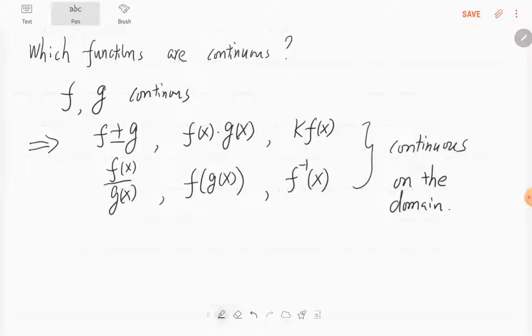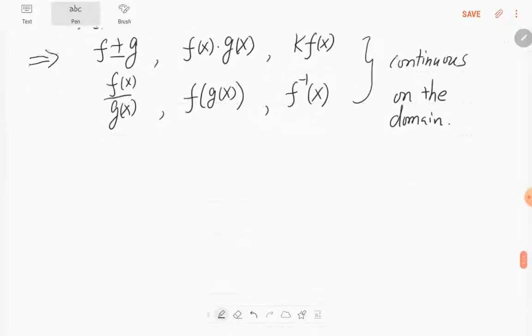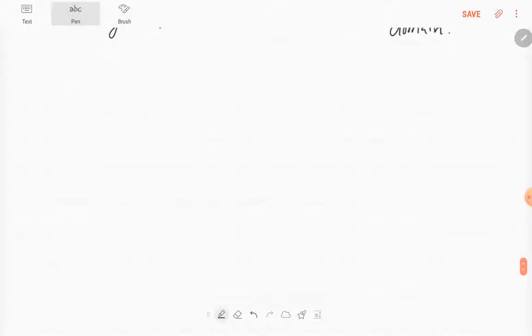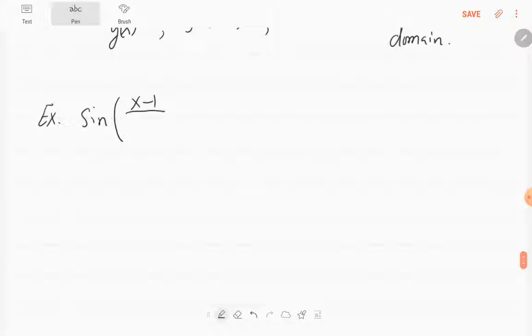So here you will see this example. For example, sine of the square root of x minus 1. Here x minus 1 is a linear function we have learned.